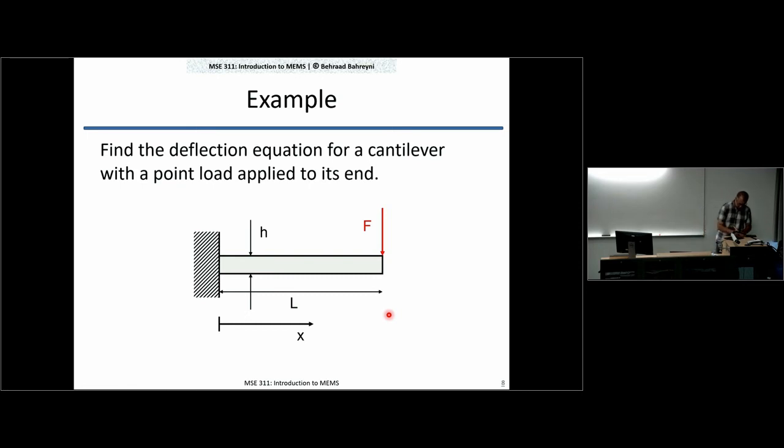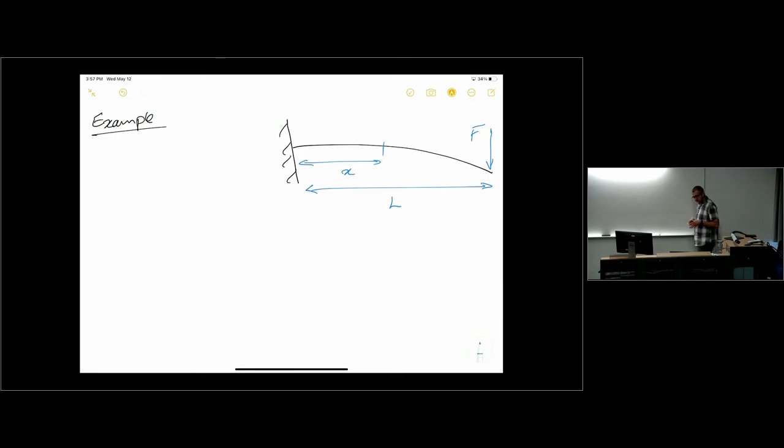So, in this case, we have applied the force F to the tip of the cantilever beam.